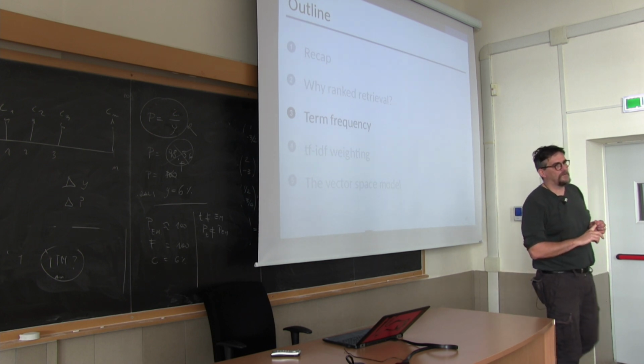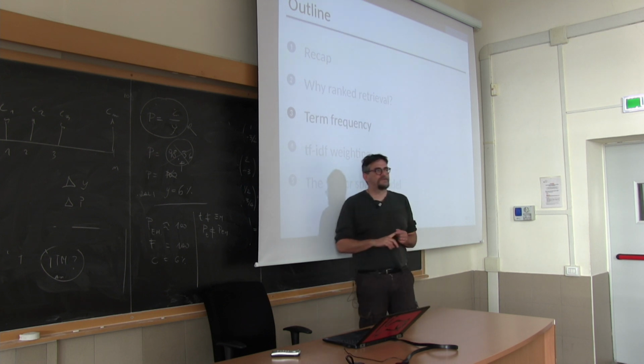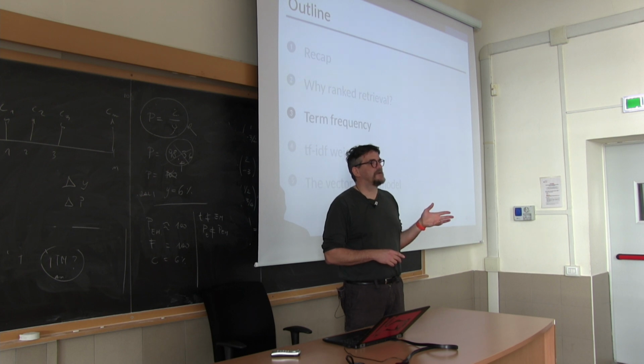A, if we use the Jaccard coefficient, we do not take into consideration the frequency of a term. So our first goal is to introduce something which allows us to take into consideration the frequency of a term. B, we have another key concept. Rare terms are likely more informative than frequent ones.